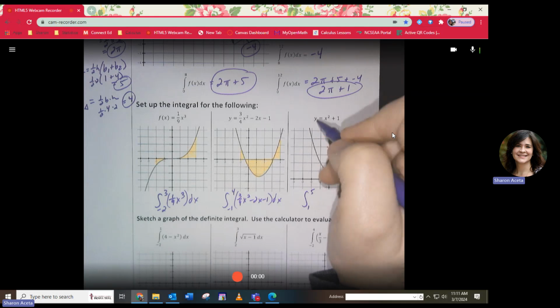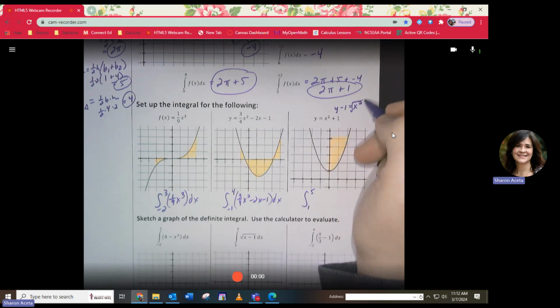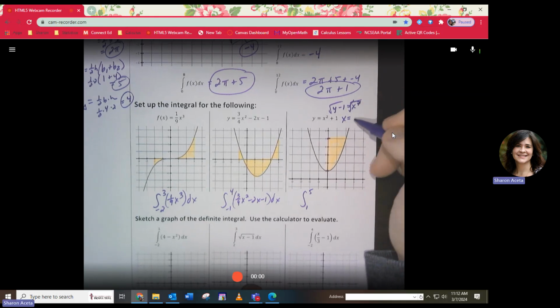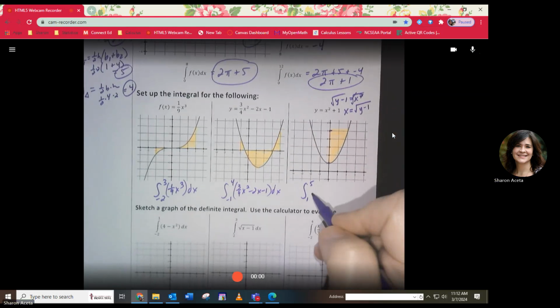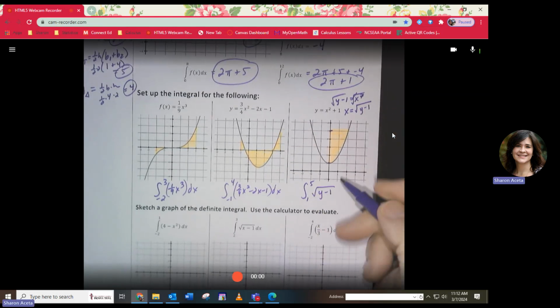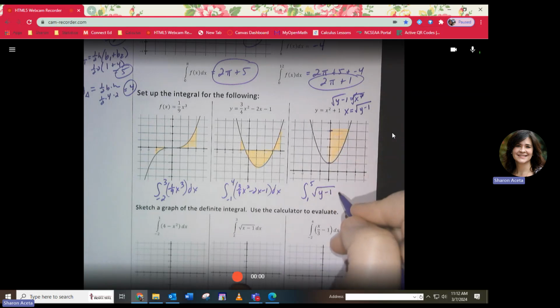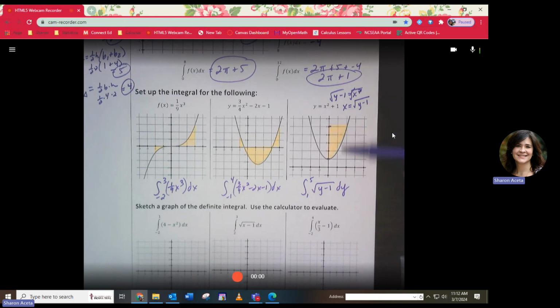So I'd add 1 over and then take a square root. So x equals the square root of y minus 1. And that would be the function we can use. And we're just using the positive one, not the negative side. So we can just do the positive with respect to y. Again, you will see more of that in Calc 2, but just to give you an idea.